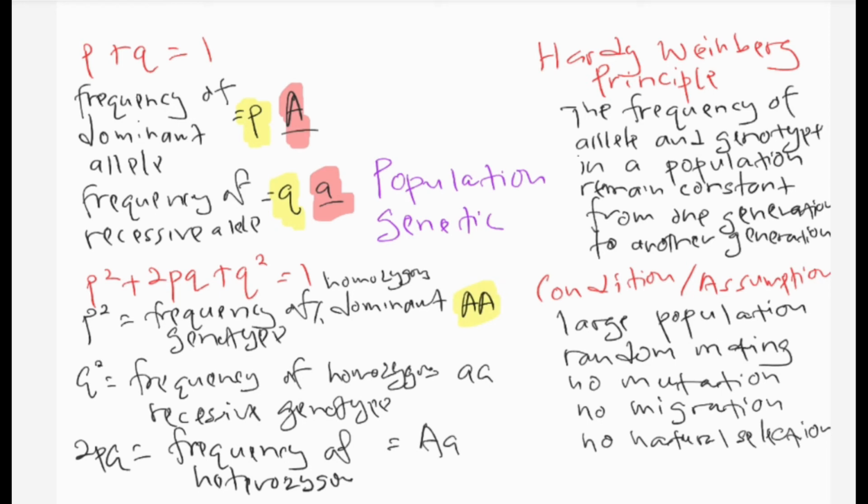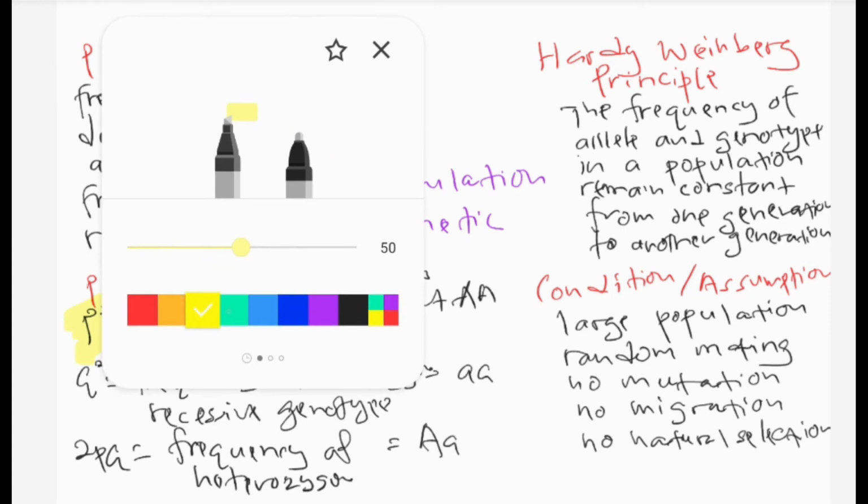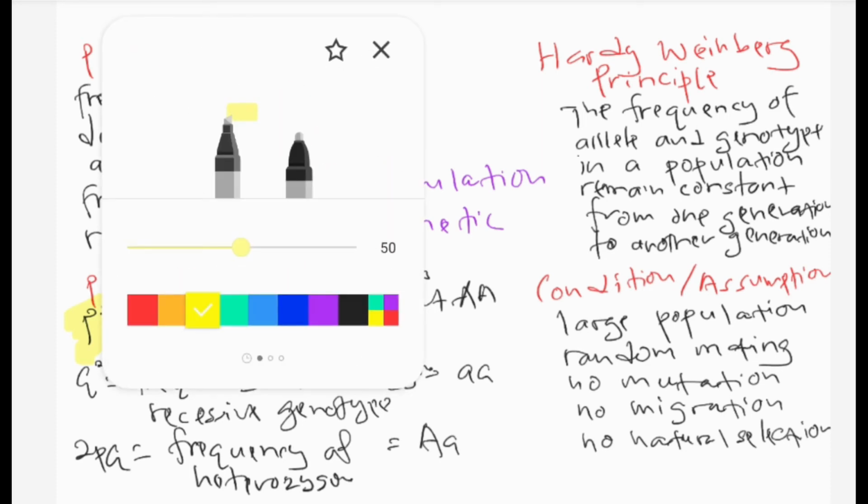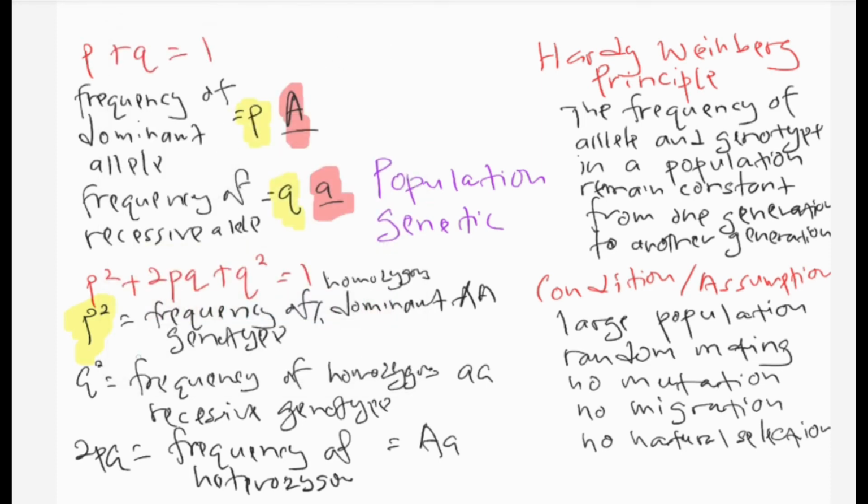Q² is the frequency of homozygous recessive genotype, and 2pq is the frequency of heterozygous.